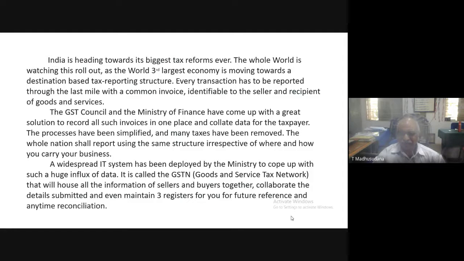So the GSTN, Goods and Service Tax Network, will house all the information of sellers and buyers together, collaborate the details submitted, and even maintain three registers for future reference and anytime reconciliation.